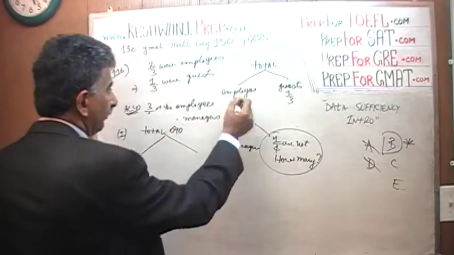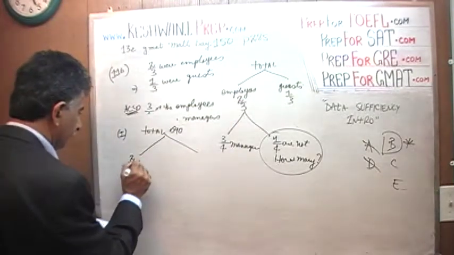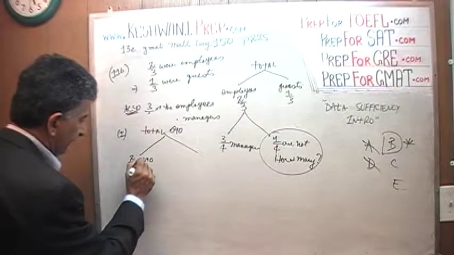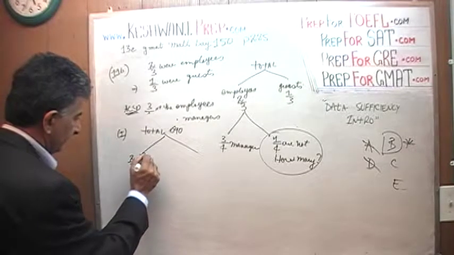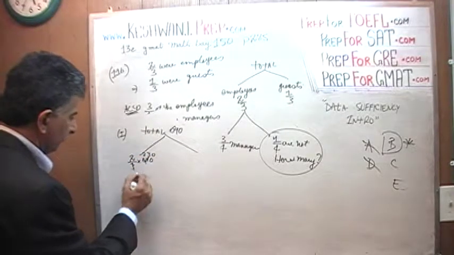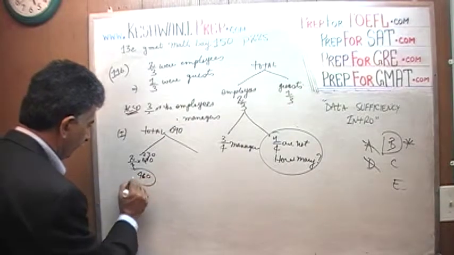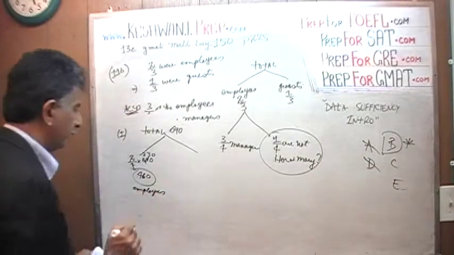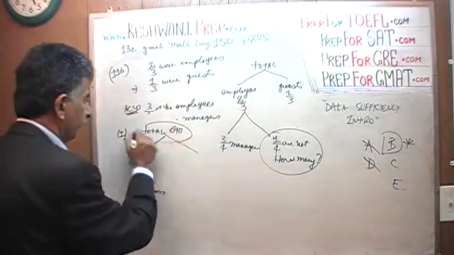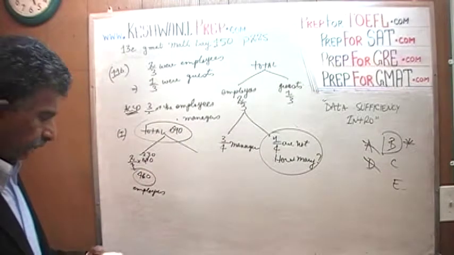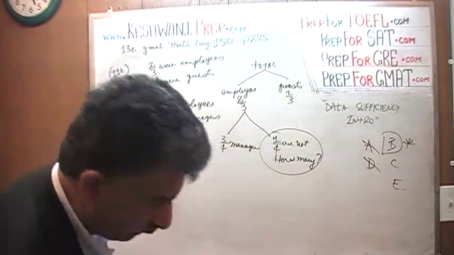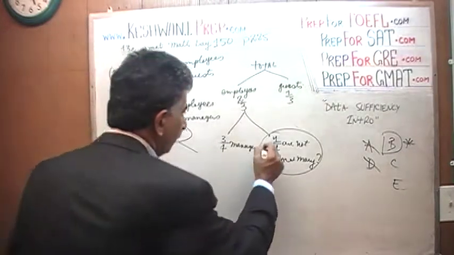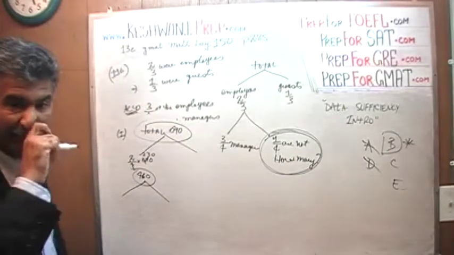Since the employees are 2/3 of 690, if you divide 690 by 3, 6 has 2 threes, 9 has 3 threes, so it's 230 times 2, which is 460 employees out of a total of 690. We also know that out of this 460, 1/4 are not managers.